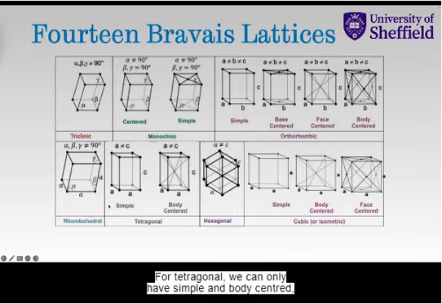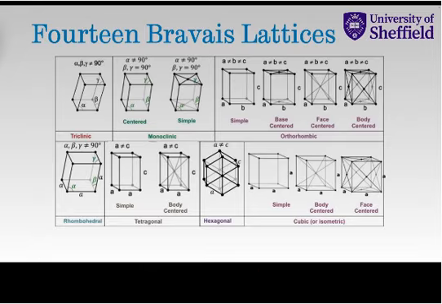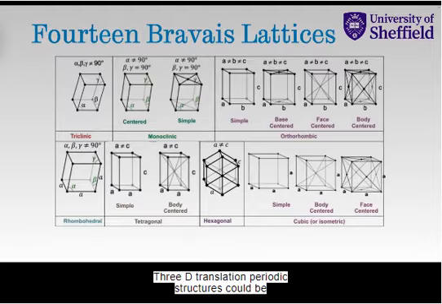For tetragonal, we can only have simple and body-centered, so primitive and body-centered, as shown there. So these are our 14 Bravais lattices, and all 3D translationally periodic structures could be described with one of these 14 Bravais lattices.